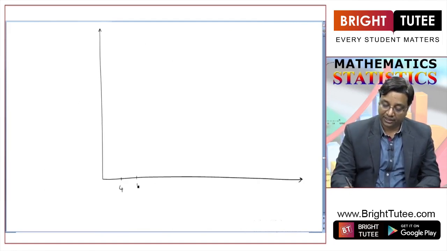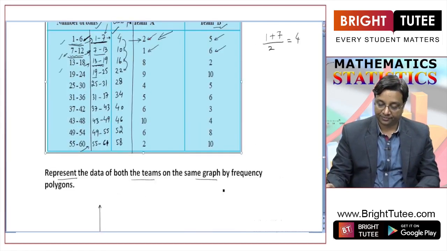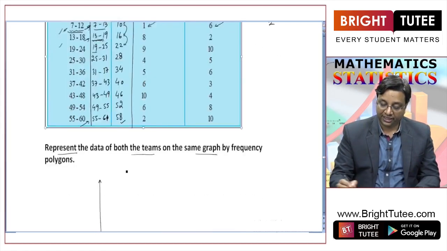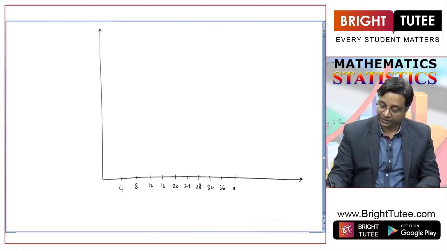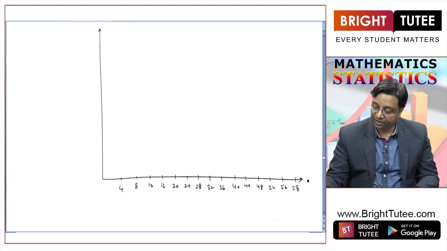So 4, 8, 12, 16, 20, 24, 28, 32, 36, and I have to go up to 58. So 40, 44, 48, 52, 56, 58, and the next one will be 62.